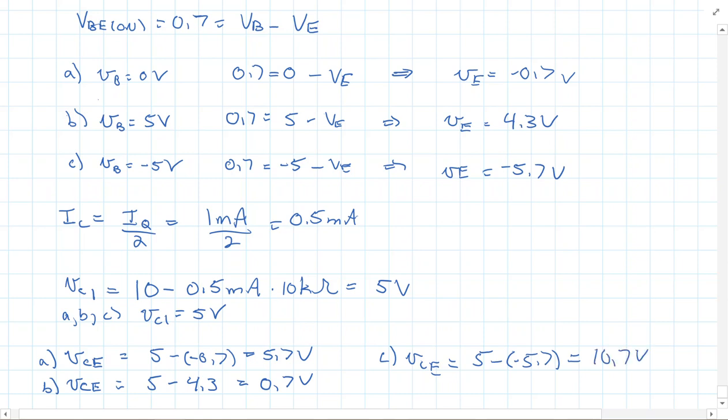And one of the reasons some of these things would be interesting for you is if you're talking about VCE, you're talking about a majority of the power that's being dissipated by the transistor. And so, depending on what the input voltage is, that transistor is going to be dissipating more power.